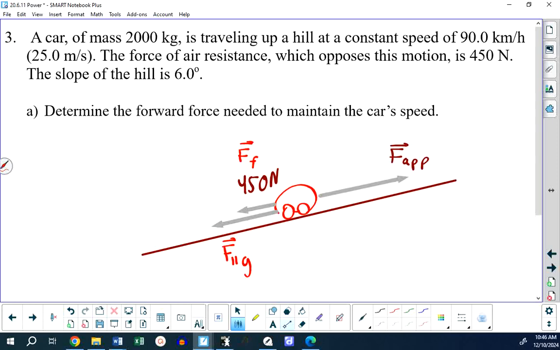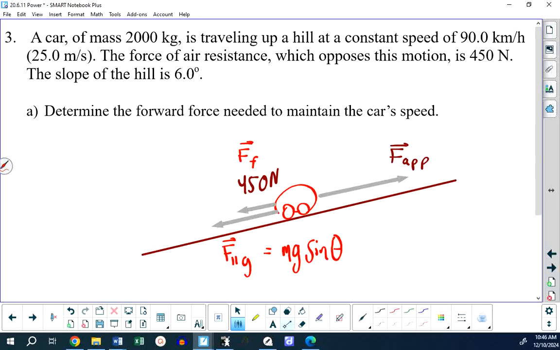Well, let's calculate this. This is mg sine theta. I hope intuitively everybody understands that this is not going to be a really, really big number because it's only 6 degrees. Imagine if it were a 60-degree hill, which is nuts.